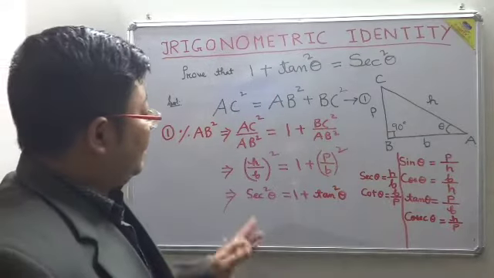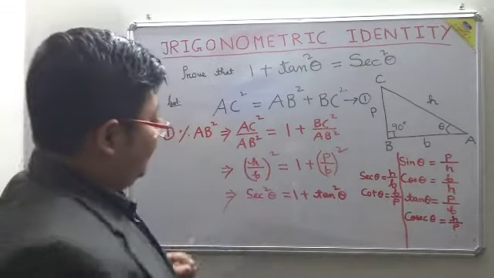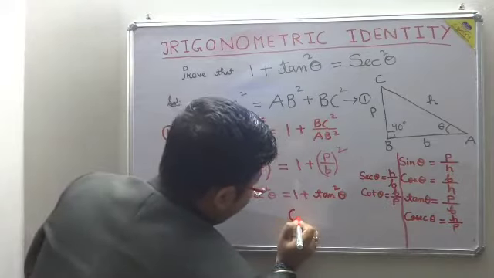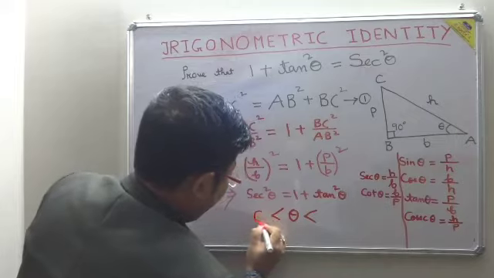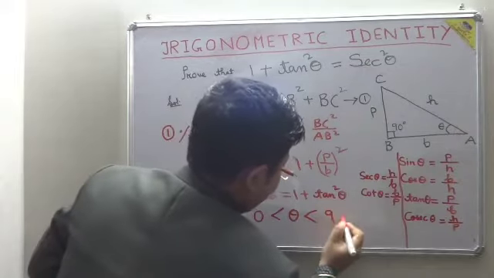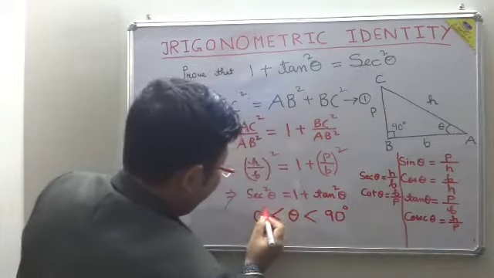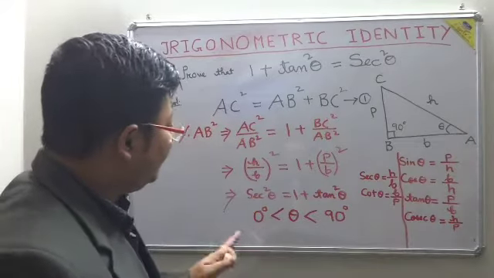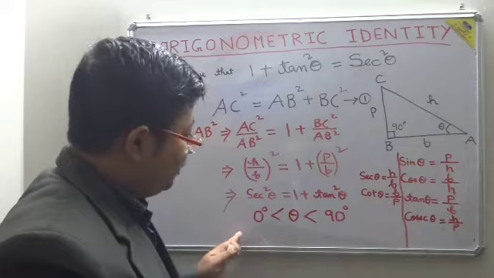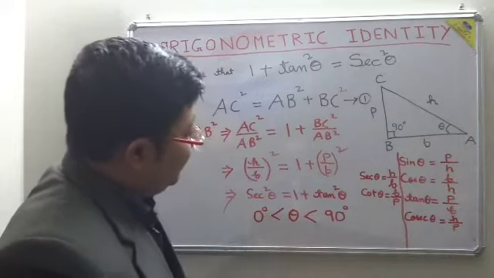But it will be valid only if theta lies between 0 degree and 90 degree. But you have to see whether it is defined at 0 degree or 90 degree.